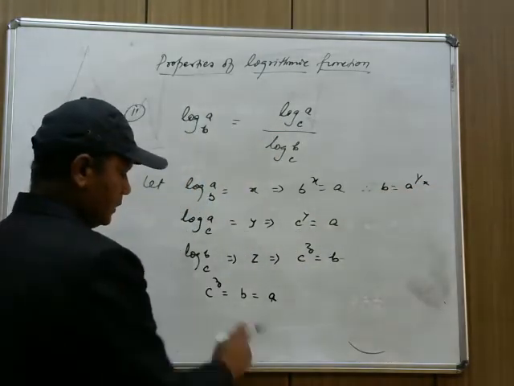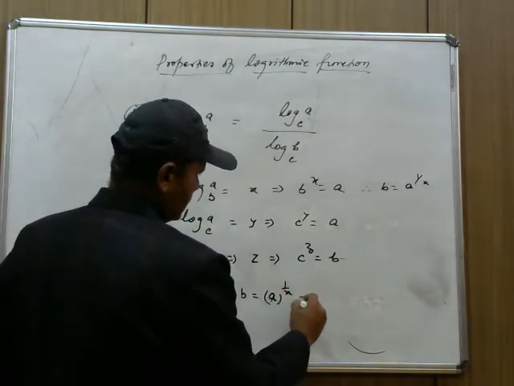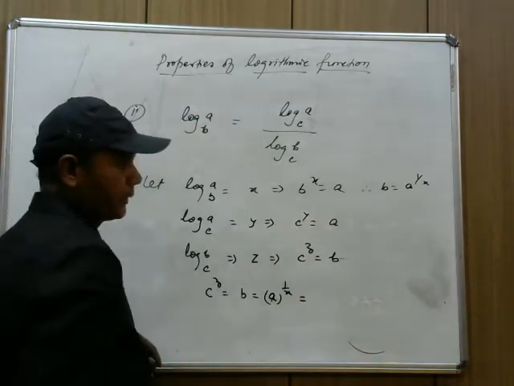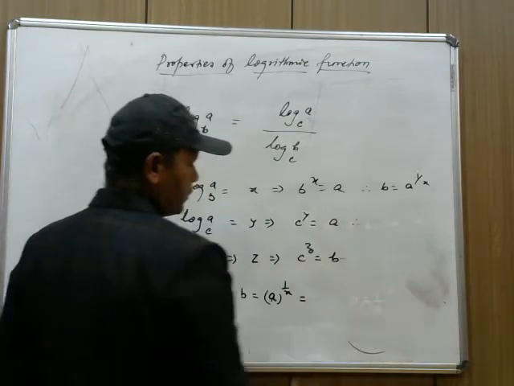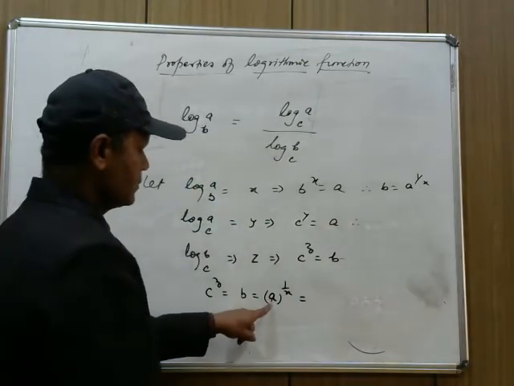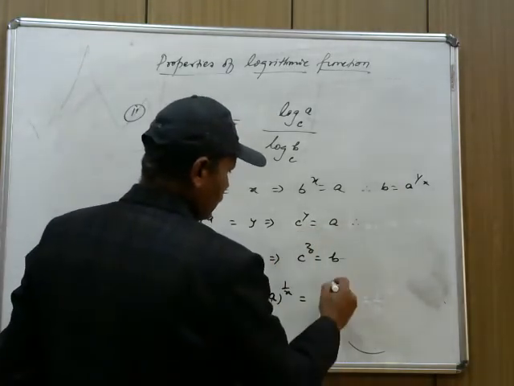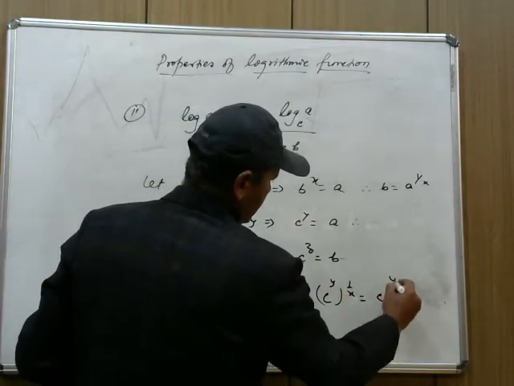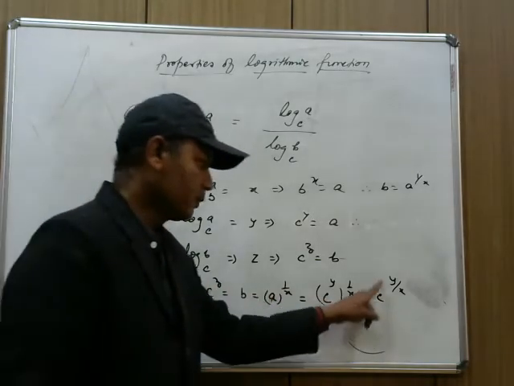Therefore now b is equal to a to the power 1 by x, and a is equal to c to the power y. Therefore can I write, in place of a, c to the power y into 1 by x, that is c to the power y upon x. c to the power z is equal to c to the power y by x.